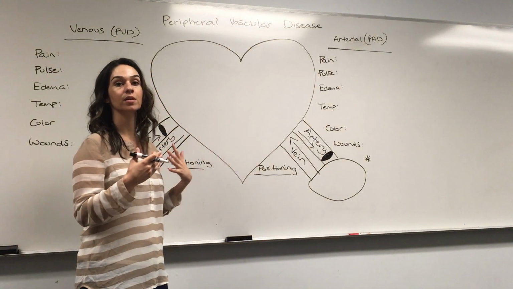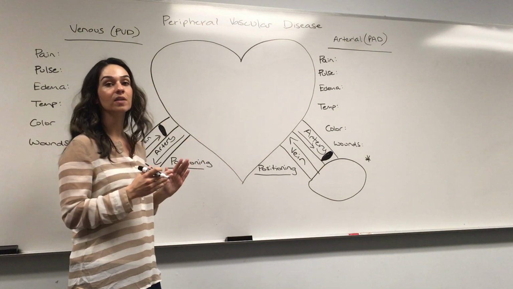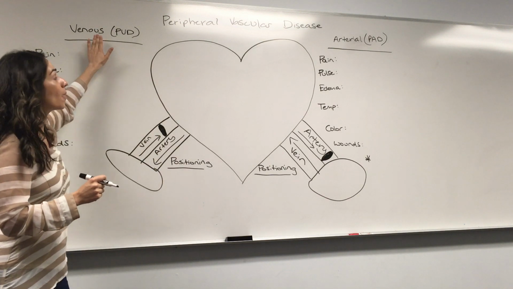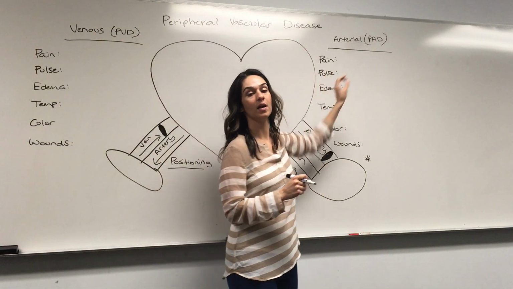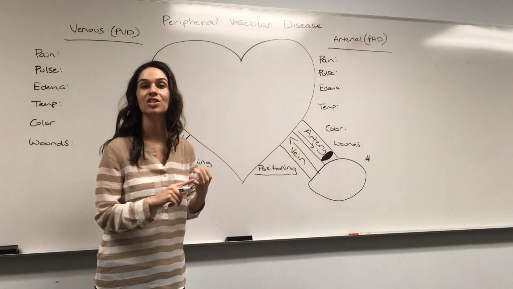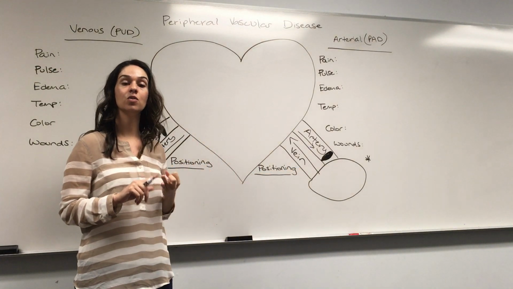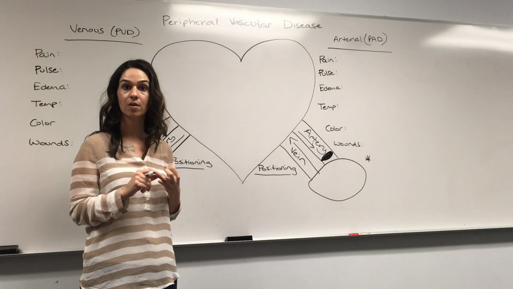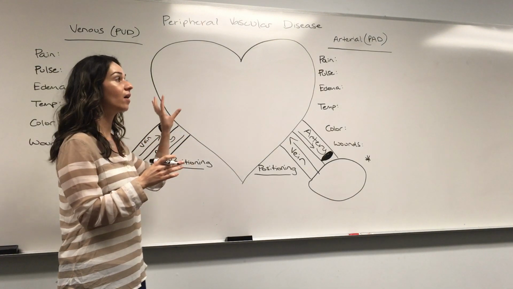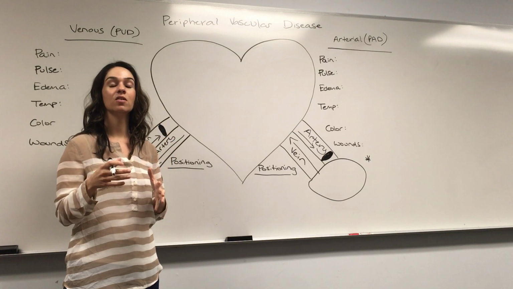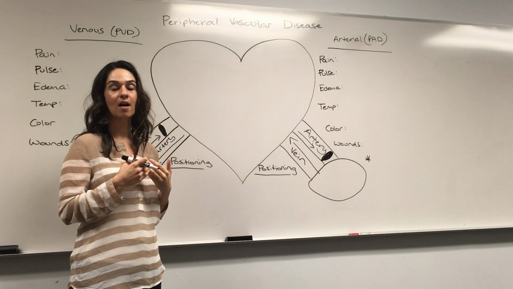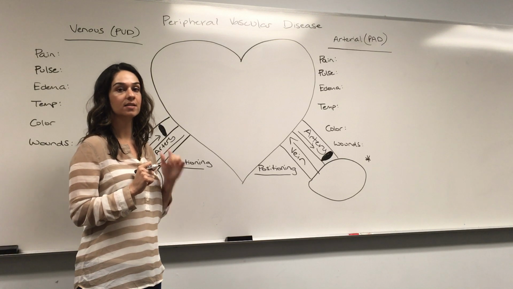I'm a very visual learner, and we are specifically going to focus on our venous diseases and our arterial diseases, okay? In terms of medications or surgical intervention, you all will need to read and look up on those. We are today going to talk about specific manifestations, and specific nursing interventions we need to implement to provide safe care for our patients.